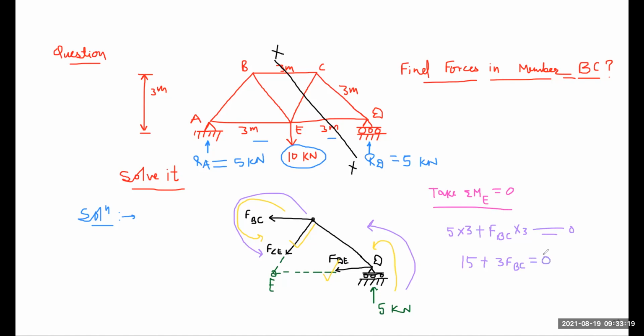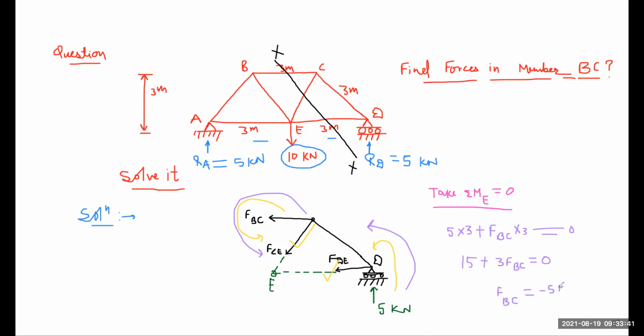So force in BC comes out to be -5. So this is force in member BC, -5 kilonewton.